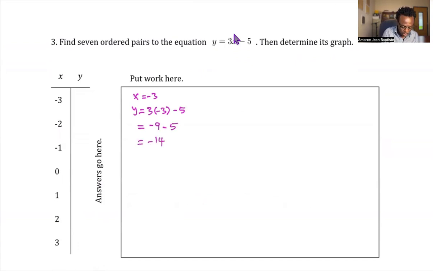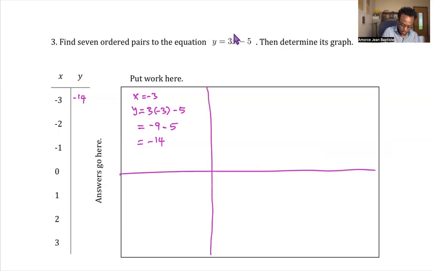So this point, -3, -14, we would not have space on the coordinate system to put it, but this is a linear equation, so the maximum number of points we would need would be 2, because as we have 2, then we can just connect. It would be the linear pattern. But let's find the 7 points as we are asked to do.